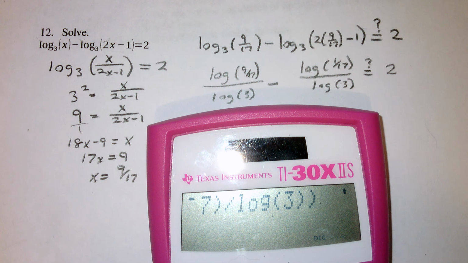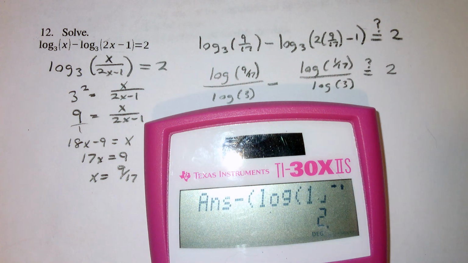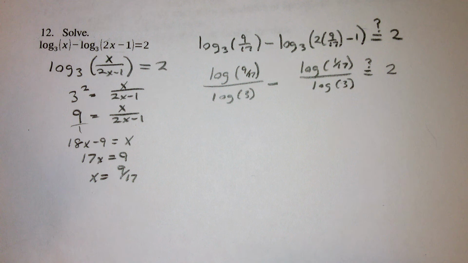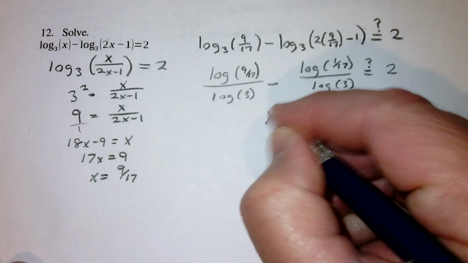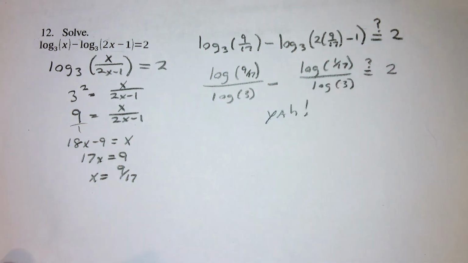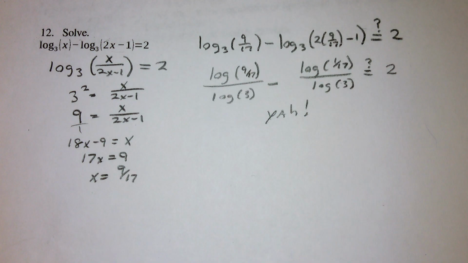Finally I'm going to hit enter, and I'm hoping a number 2 comes up. And yay, look at that. We got the number 2, which is what we were after. So yes, you can check your answer and make sure you got it right, just make sure you didn't make some kind of mechanical error. That's problem 12.